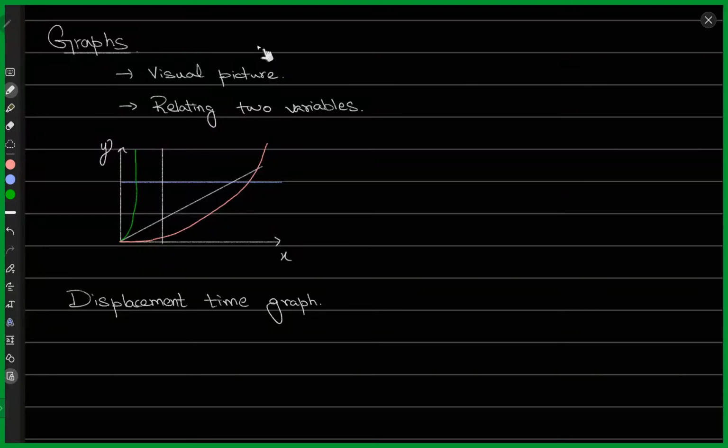So basically I started with graphs, right? And I explained what we really mean by a graph. A graph is really just a visual picture of understanding how any of my variables are going to behave. So if you want to understand the behavior of any two variables, we can use a graphical representation.